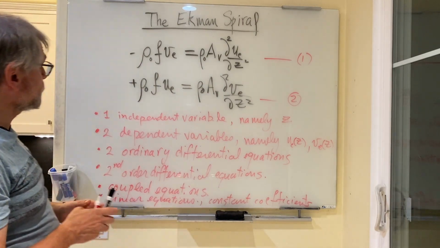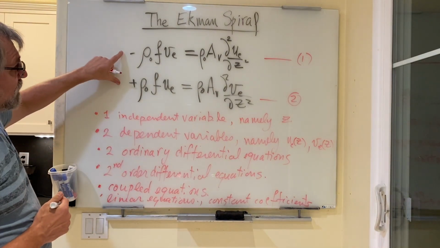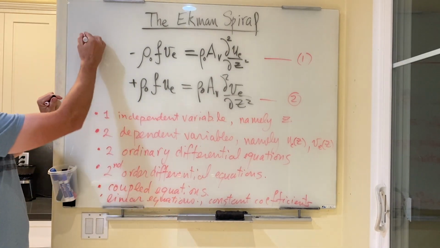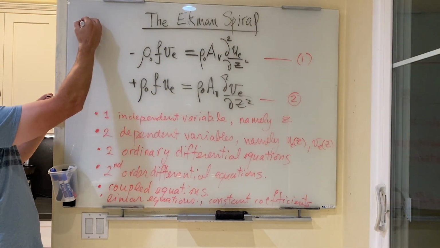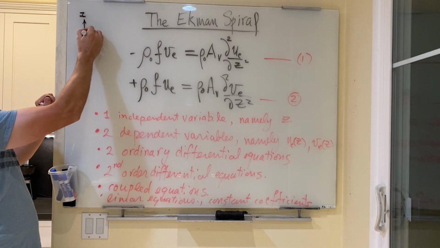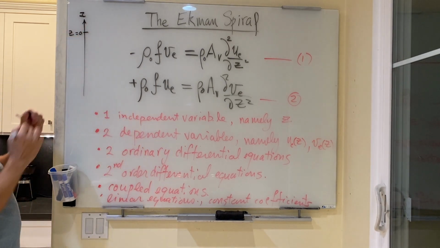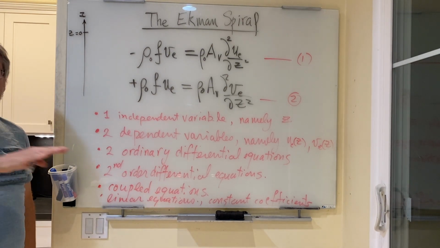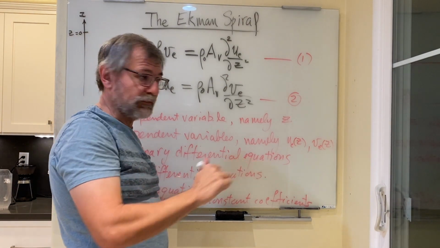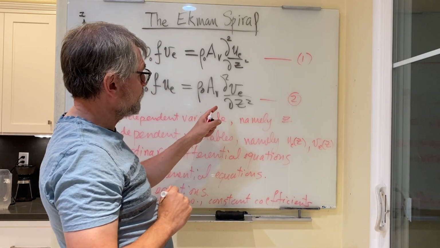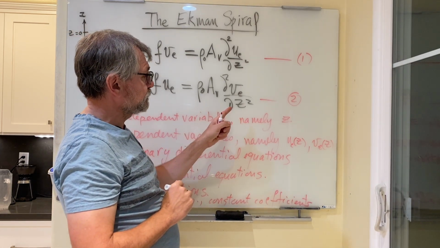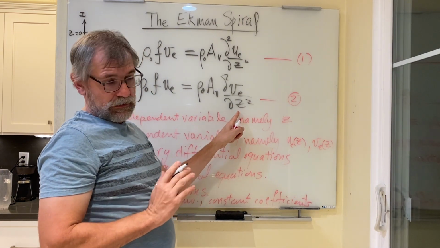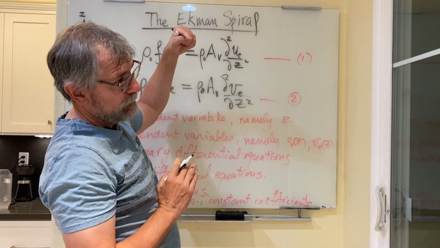And the boundary conditions we're going to use are at the surface of the ocean. We're going to think of the domain in the z direction, and this would be the sea surface at z equals 0. At the surface, we're going to apply a wind stress, and we're going to match the eddy stress in the ocean to the wind stress at the surface.